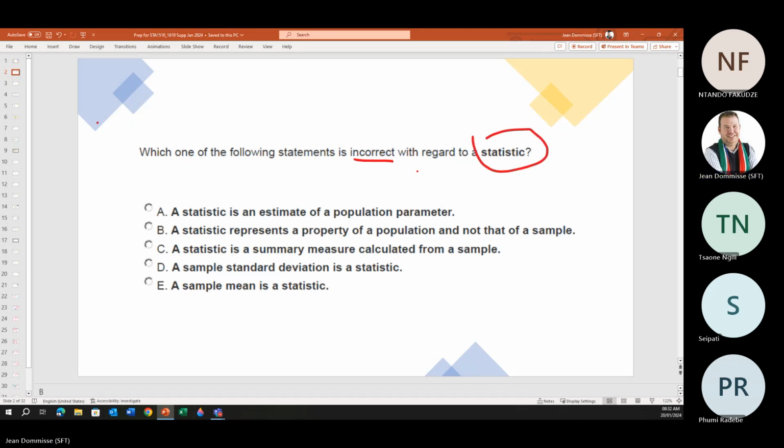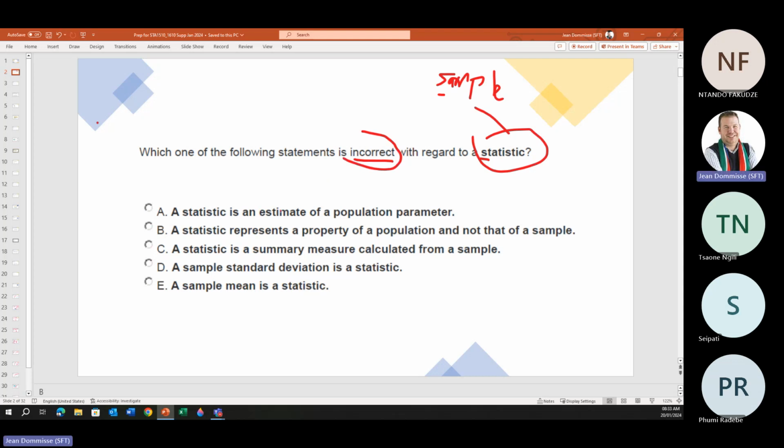Very importantly, from study unit 1, when we talk about a statistic, we normally look at the sample. How I would look at it is the S of a sample, the S of a statistic, and then a population and a parameter go together. So let's quickly look at which one is incorrect.